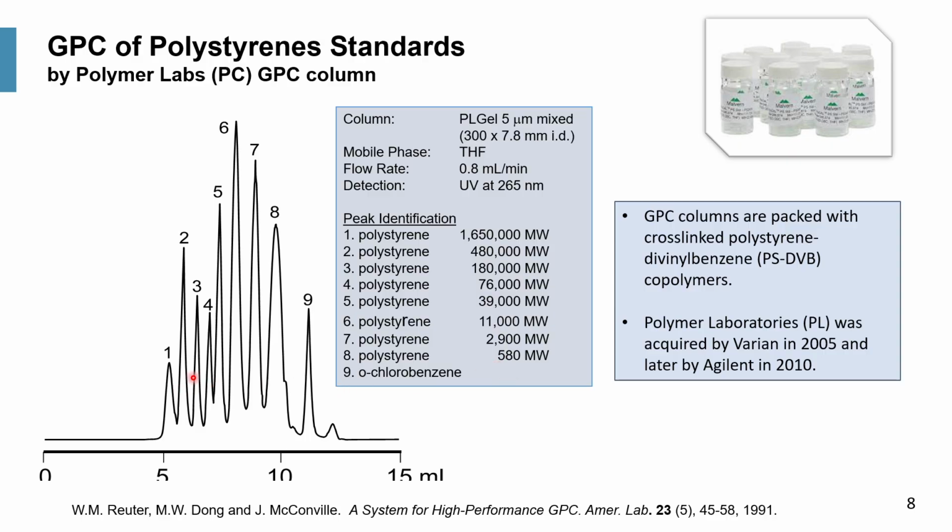You can see that the smaller molecular weight polystyrene eluted later. Actually, the diluent orthochlorobenzene is the latest eluting. The detection in this case is a UV detector, detection at 265. And the mobile phase used is THF.